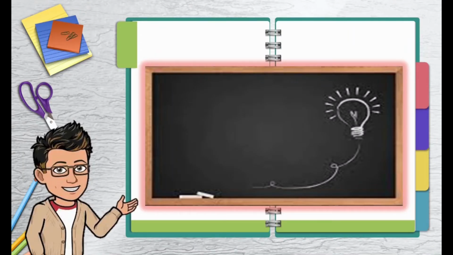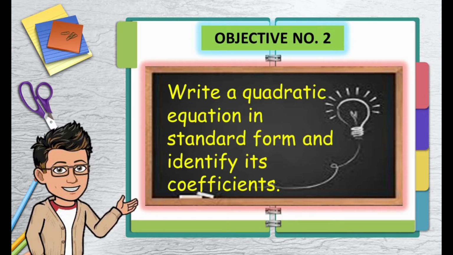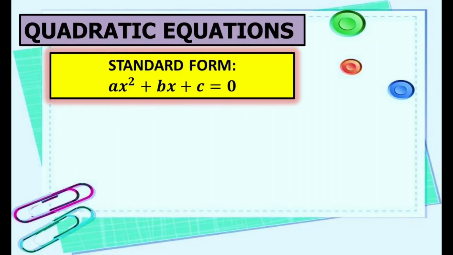Okay, so you are now capable of identifying and illustrating quadratic equations. So let's now move to objective number 2: write a quadratic equation in standard form and identify its coefficients. Let's begin. As we say, a quadratic equation's standard form is ax squared plus bx plus c is equal to 0.